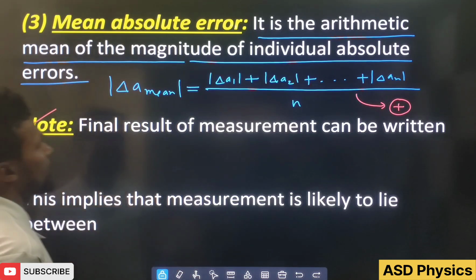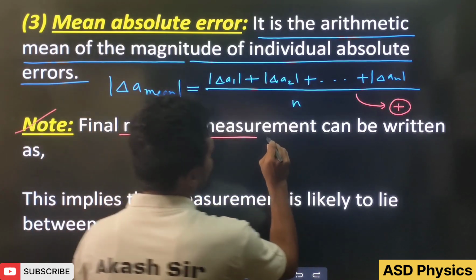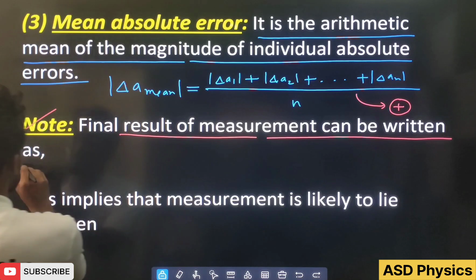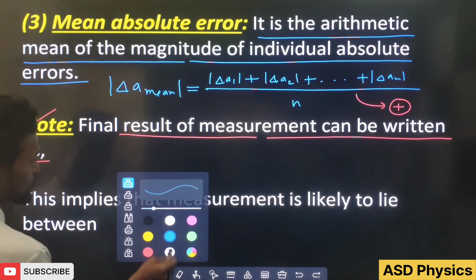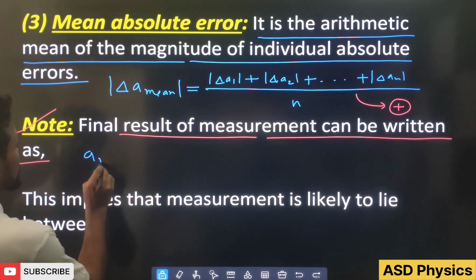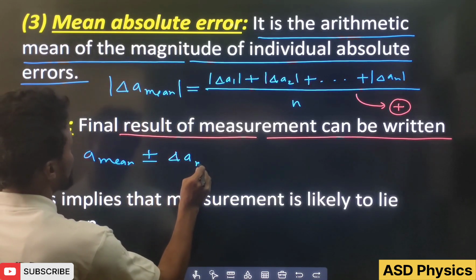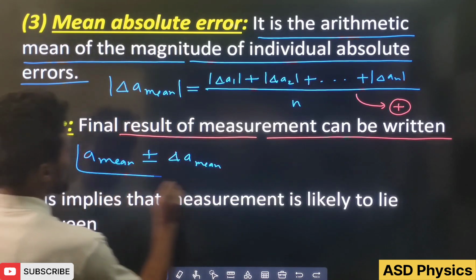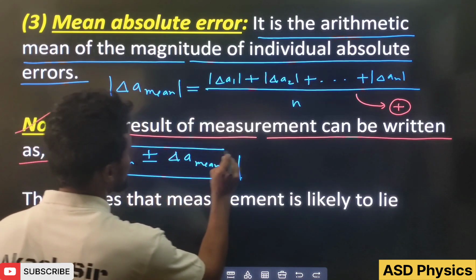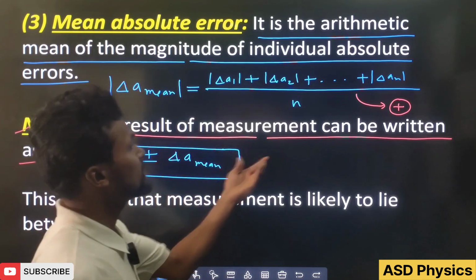Now the note: the final result of measurement can be written as A mean plus minus delta A mean. Very, very important, remember that. In this way we represent the measurement.